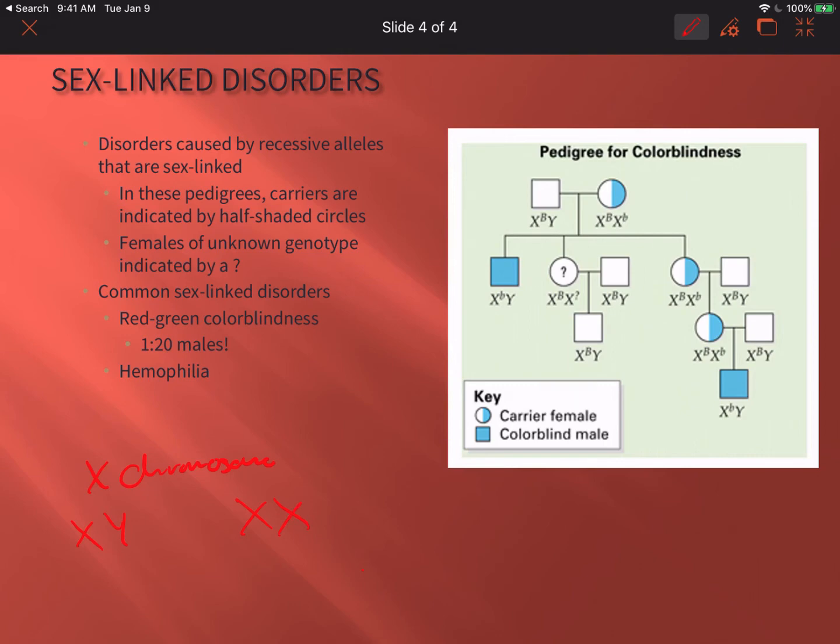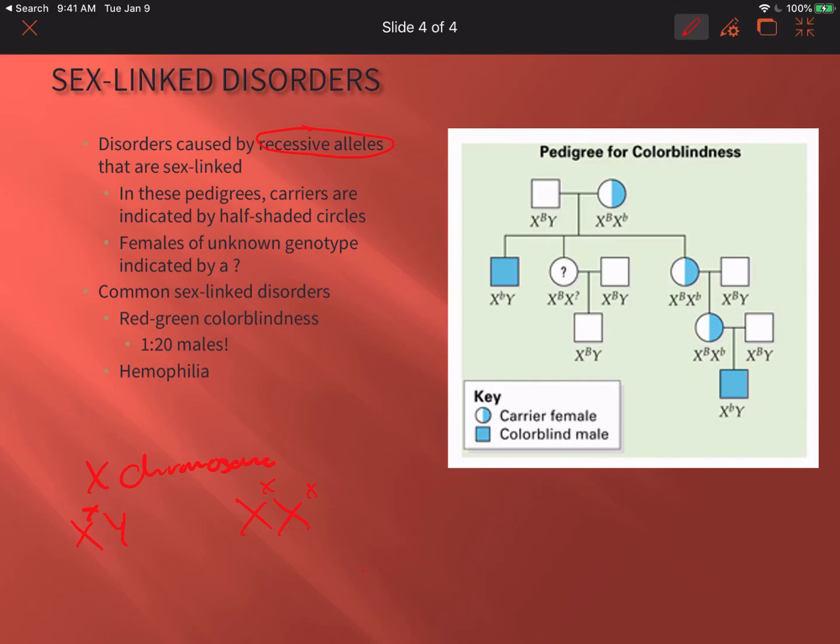And if most disorders are caused by recessive alleles, the likelihood that a female has 2 affected X's versus a male having only 1 affected X is way less. So males are much more susceptible to X-linked disorders because they only have 1 X chromosome, and essentially they can't compensate with that other X chromosome. They only have a Y. Which is why there are way more colorblind males than there are colorblind females.